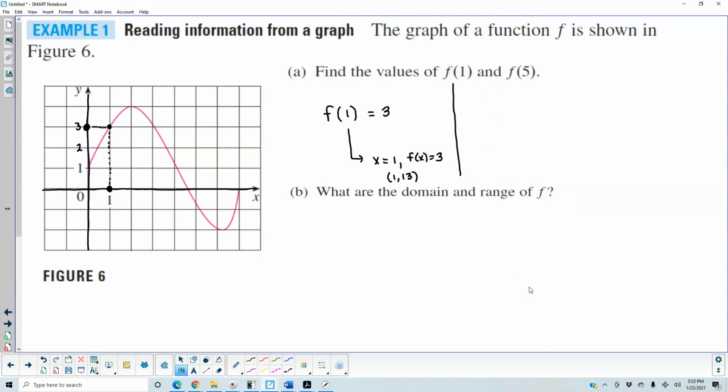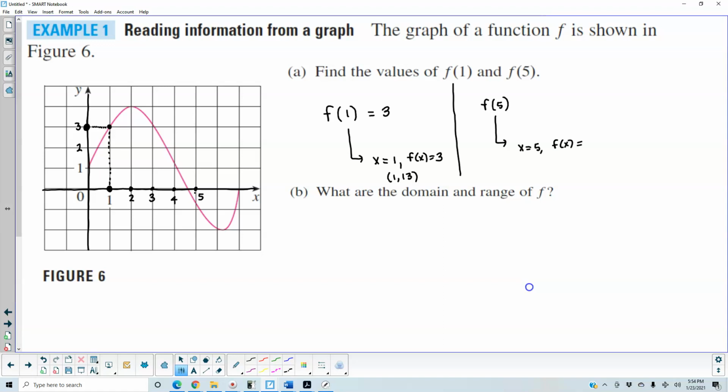Next, we want to find f of 5. So we got 1, 2, 3, 4, and then there's 5. Again, that means that when x is 5 being the input, we want to find out what f of x is.